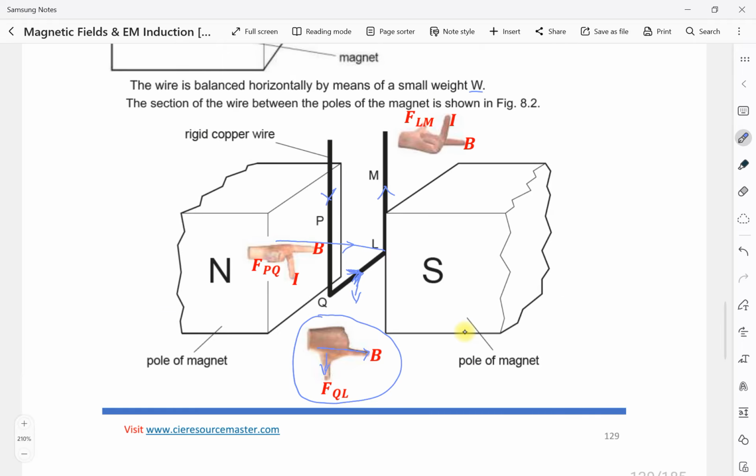So it means if we have a pivot somewhere there and there is a force on this side downwards, this is the force. The force on QL is in that direction there and we have a pivot. So what does that mean? This force has a perpendicular distance from the pivot, therefore it is going to cause a moment.